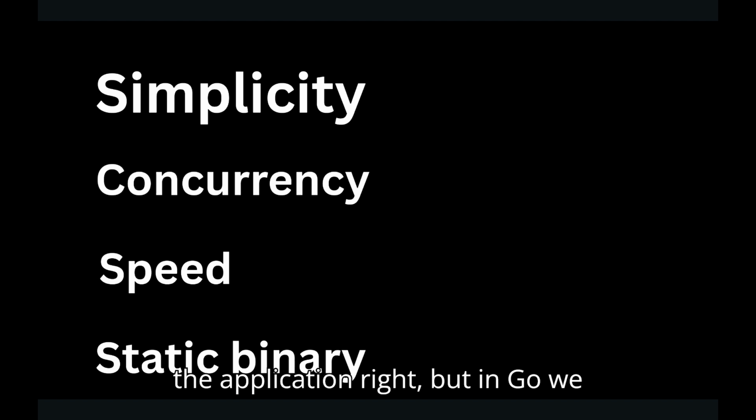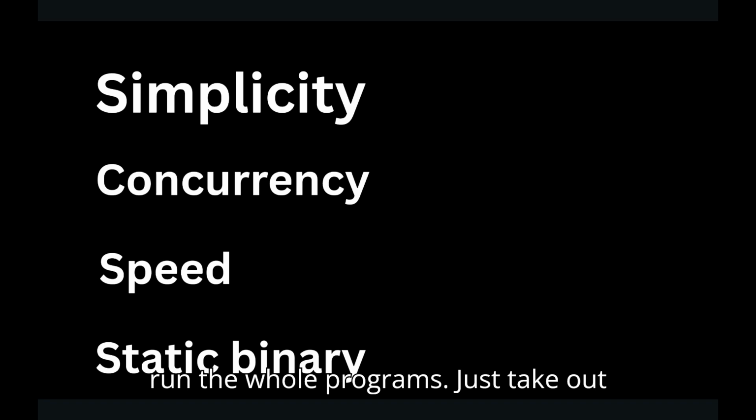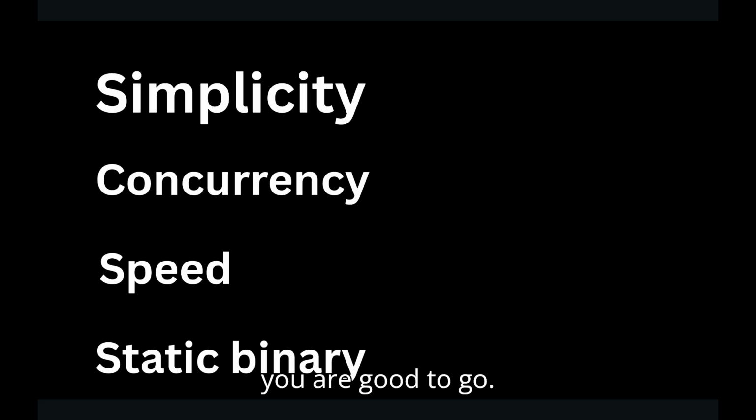But in Go, when you build it, it gives a static binary file, and you just need the binary file to run the whole program. Just take the binary file, give it to production, and you are good to go.